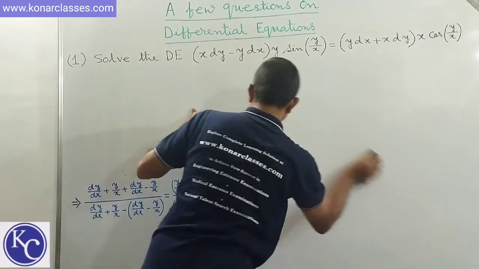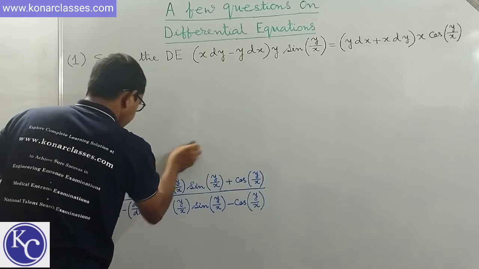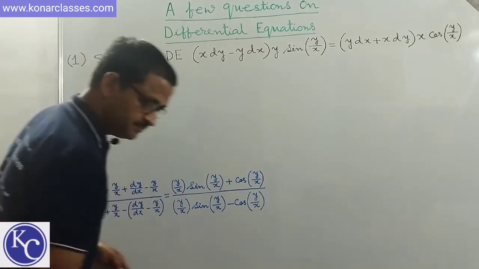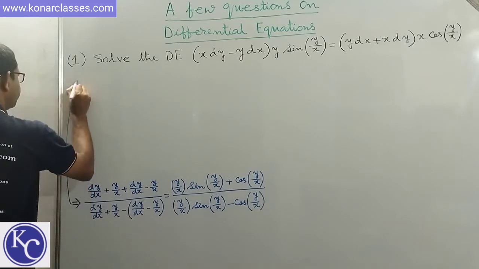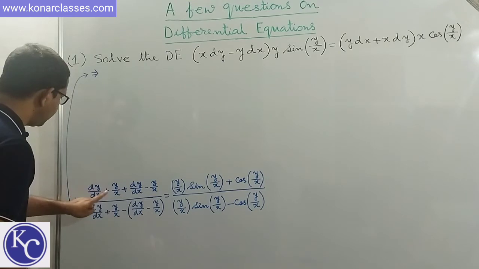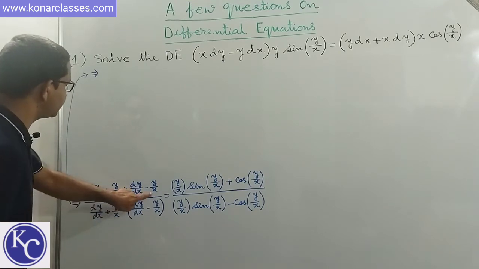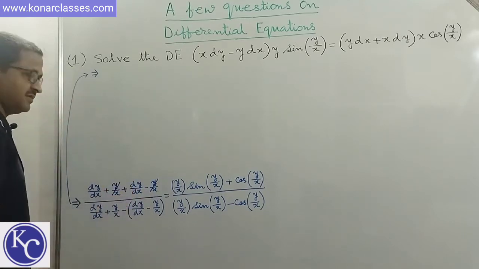Dear students, you also do along with me, as I always instruct, then your learning will be complete. So from here what we are going to get, dear students? This implies, dy/dx plus y/x plus dy/dx minus y/x, so plus y/x minus y/x got cancelled.